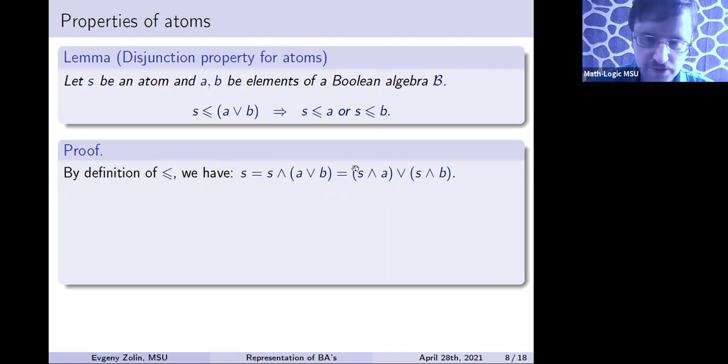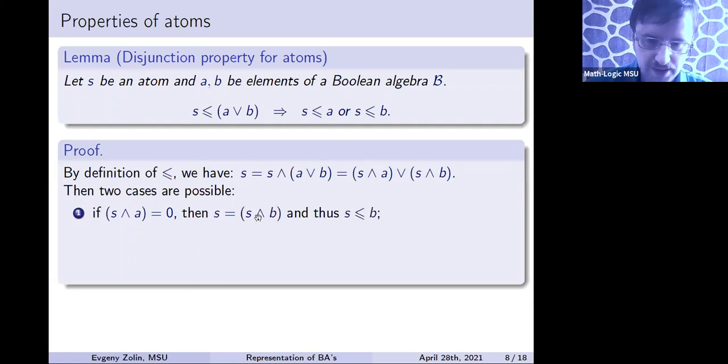Now consider first S and A. There are two cases. Either it is 0 or it is not a 0 element. If it is 0, then our element S is equal to the second part. And this, by definition, means that S is less than B, as needed.